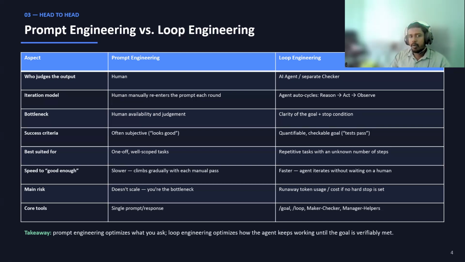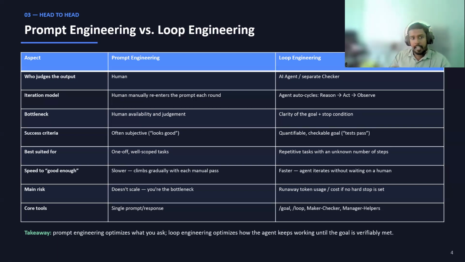The iteration model in prompt engineering is manual: the human re-enters the prompt based upon the output. But in loop engineering, the cycle is automated with AI agents. In prompt engineering, we humans are the bottleneck; every time the LLM waits for our input. That is automated in loop engineering.